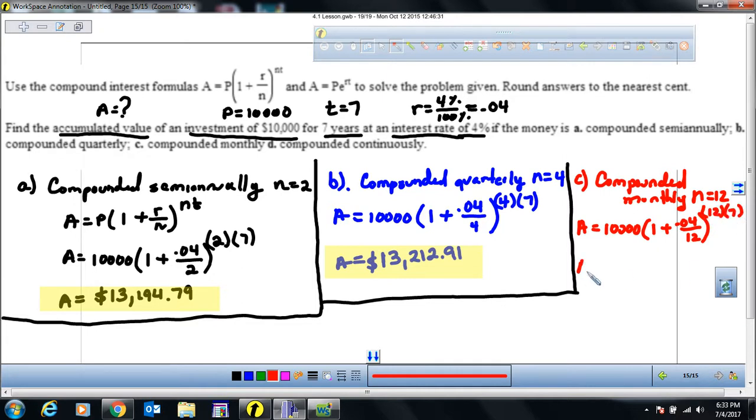And we're going to find out how much money I'm going to have after investing this money, $10,000 at an interest rate of 4%, compounded monthly for 7 years. At the end of the 7 years, we're going to have this much.